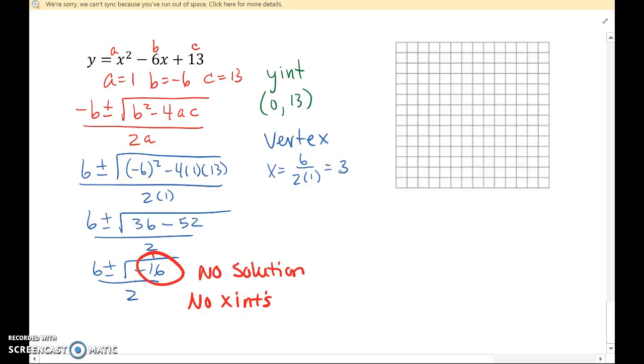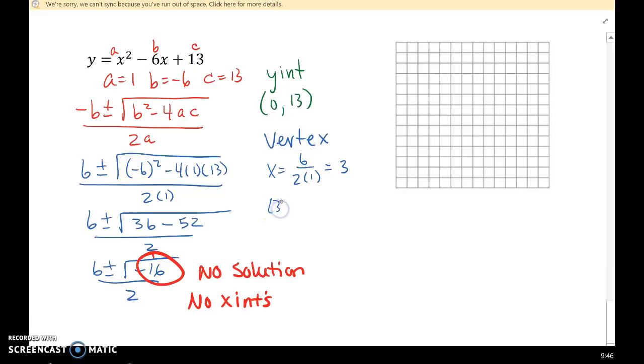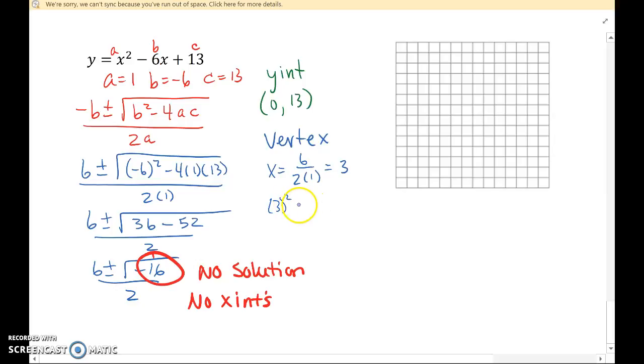And now we need to substitute the 3 back into our equation, and in doing so we get 3 squared minus 6 times 3 plus 13, and so that's 9 minus 18 plus 13, and so here we get a -9 plus 13, which is a +4. So our vertex is 3, 4.